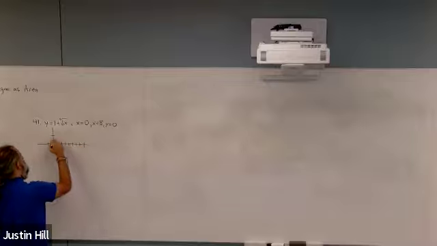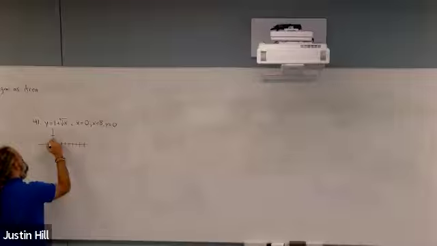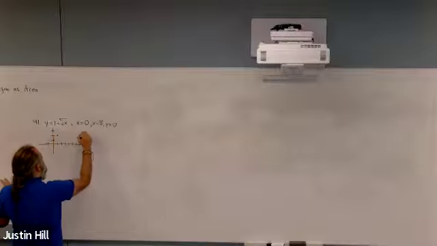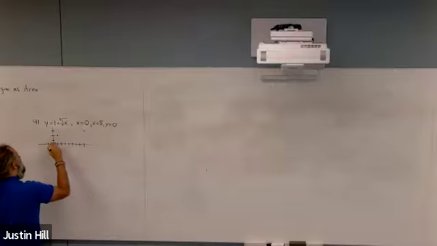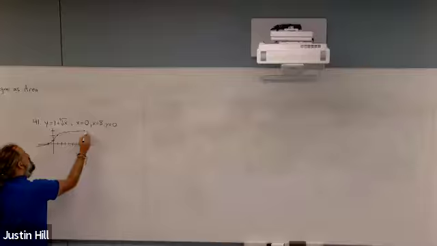We're going to point there, we're going to point there, and we're going to point here. So this graph will look roughly about like this.